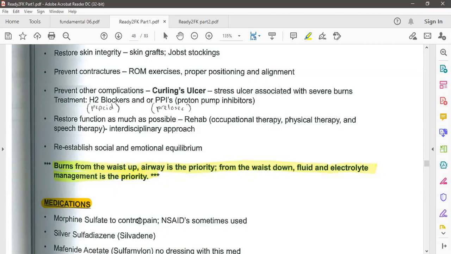Sometimes NCLEX would ask, what medication should be given before changing the dressing? Pain medication. And what are the most common electrolyte problems in a client with burn?